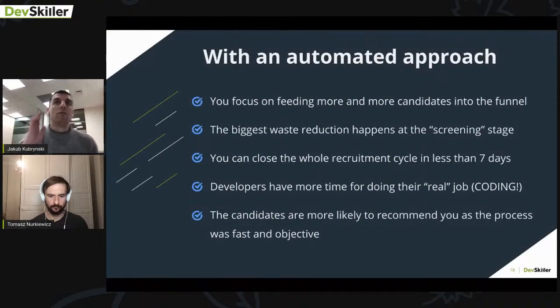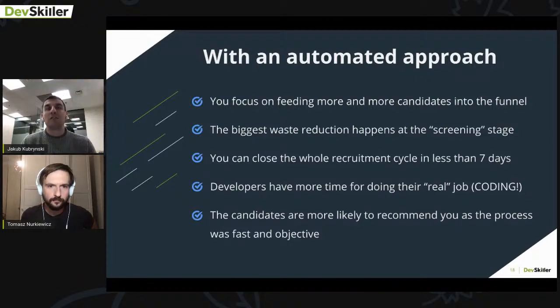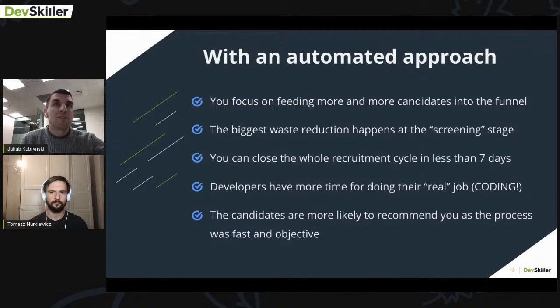what's possible and what you can do with an automated approach. The first thing is that you can focus on feeding more and more candidates into the funnel, because most of the stuff that is eating 80% of your time is automated. So you're automating the screening process, you are automating the candidate management process, something that is using most of the time of recruiters and developers.